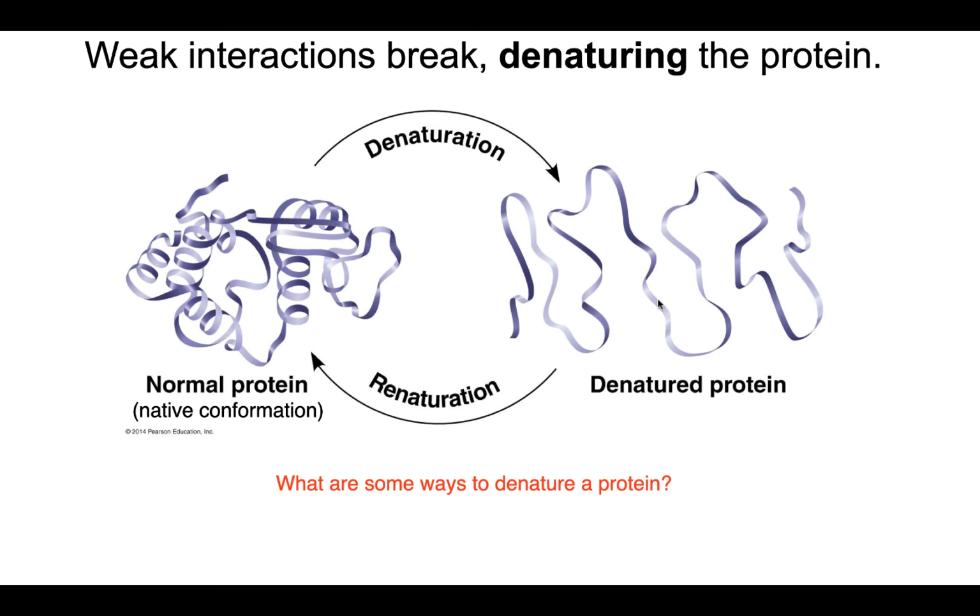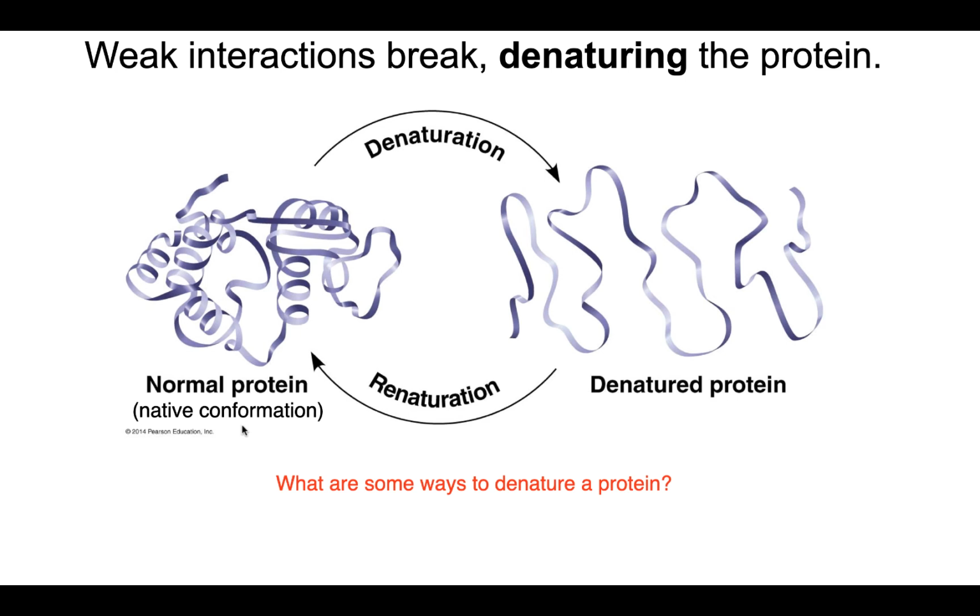That's important. If you place this denatured protein back into its optimal conditions, that being its optimal temperature, its optimal pH, its optimal ionic conditions, it will spontaneously renature into its normal structure, its native conformation.